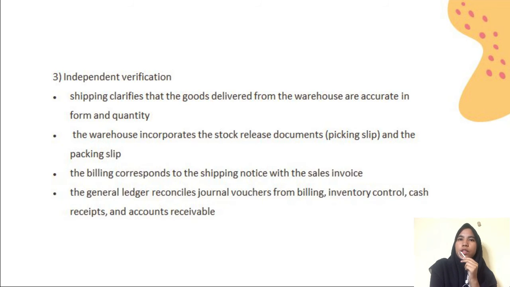Next, the warehouse incorporates the stock release documents, which are the picking slip and the packing slip, and also the billing corresponds to the shipping notice with the sales invoice. And the journal ledger reconciles journal vouchers from billing, inventory control, cash receipts, and accounts receivable.